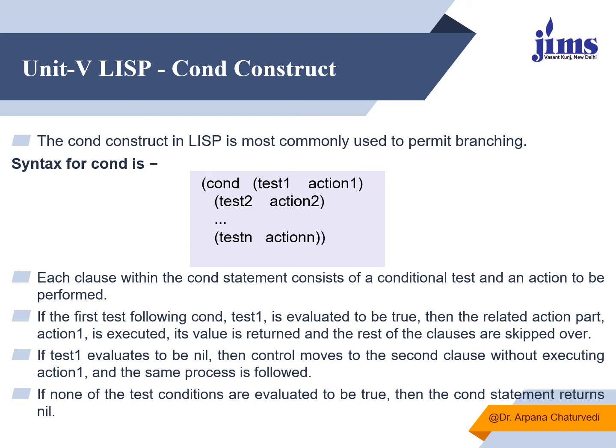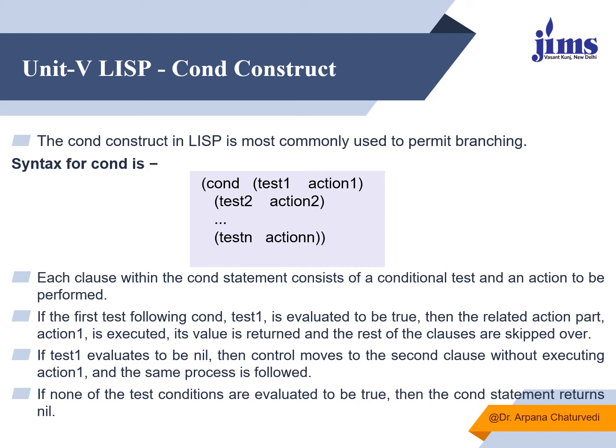So each clause within the COND statement consists of a conditional test and an action to be performed. If the first test clause, that is test 1, is evaluated to be true, then the related action 1 part will get executed. Its value is returned and the rest of the clauses will get skipped. In case test 1 is evaluated to be nil, then it will go to test 2.